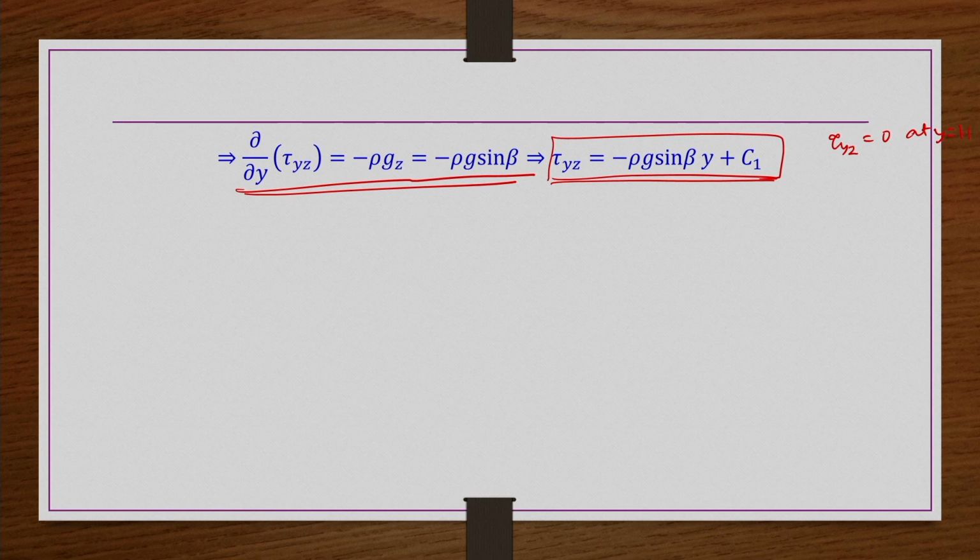The upper surface of the fluid layer we are calling y = h, and tau yz is maximum, or tau wall, at y = 0. Unlike the previous geometry or pipe flow conditions, here the fluid is on the inclined surface and the material is flowing down.